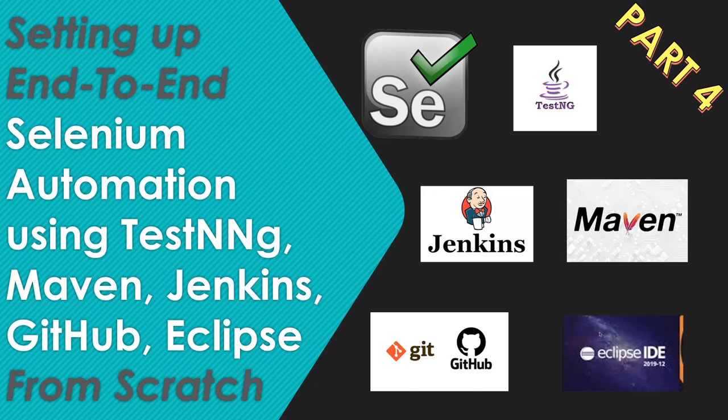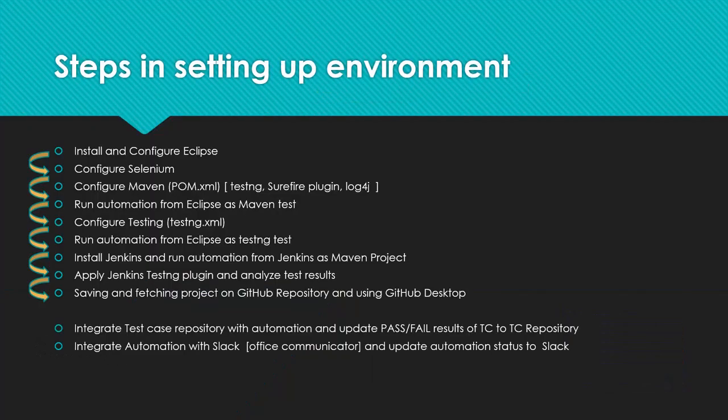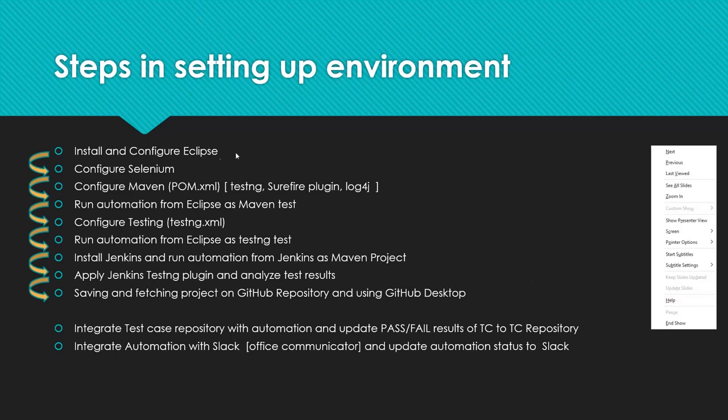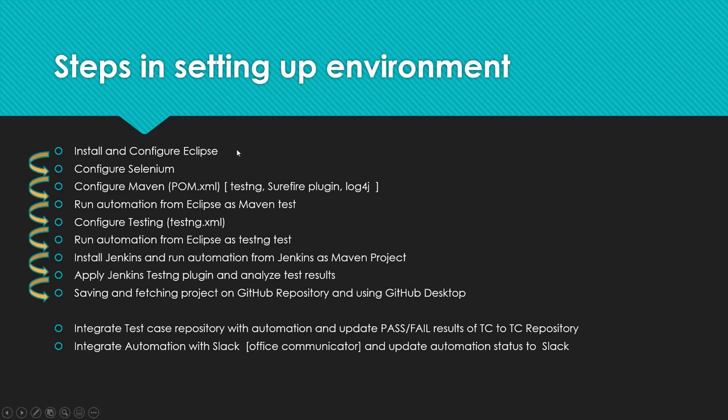So what we have seen in the first 3 parts is we configured Eclipse from scratch. We configured Selenium on Eclipse. We created a pom.xml and added various dependencies and plugins, and then we ran a Maven test.